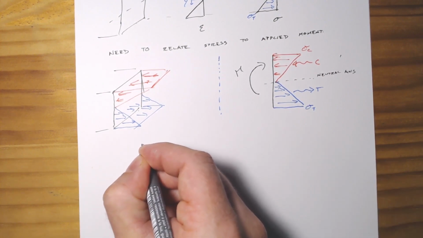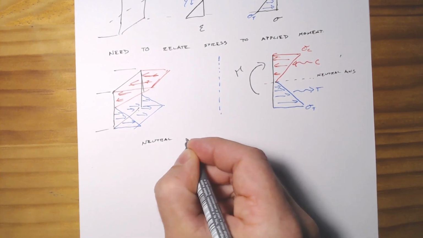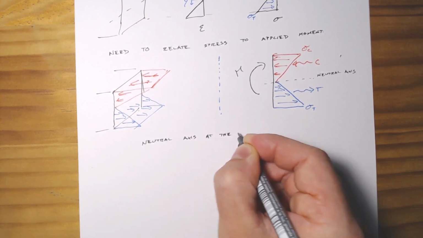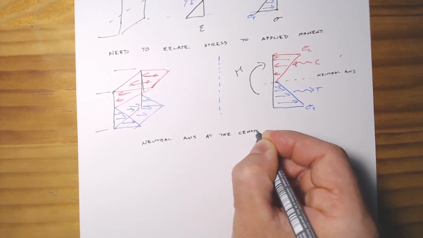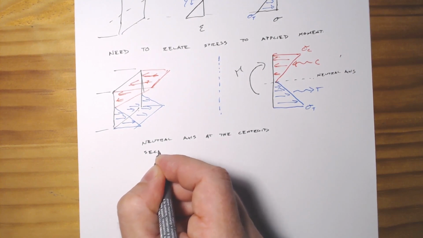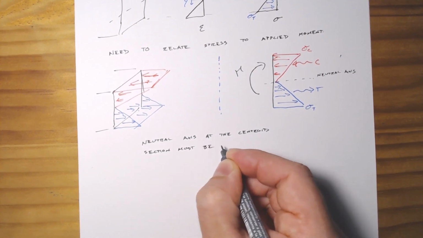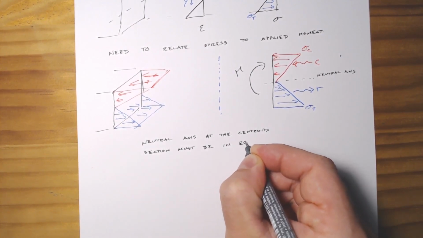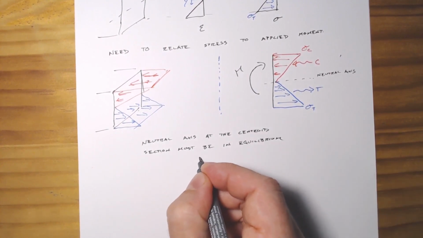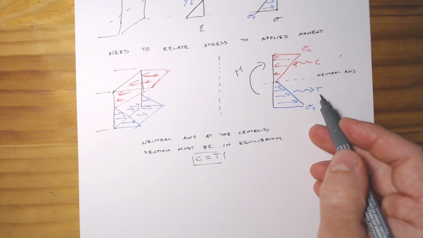So for the neutral axis at the centroid, the section must be in equilibrium. And that means that C has to equal T. So this compression force has to equal this tension force.